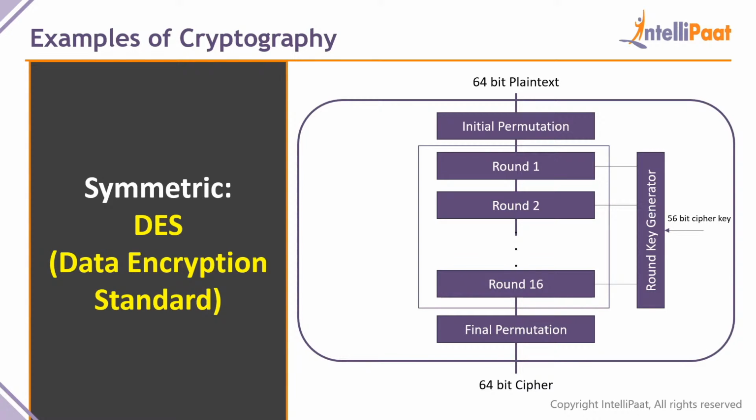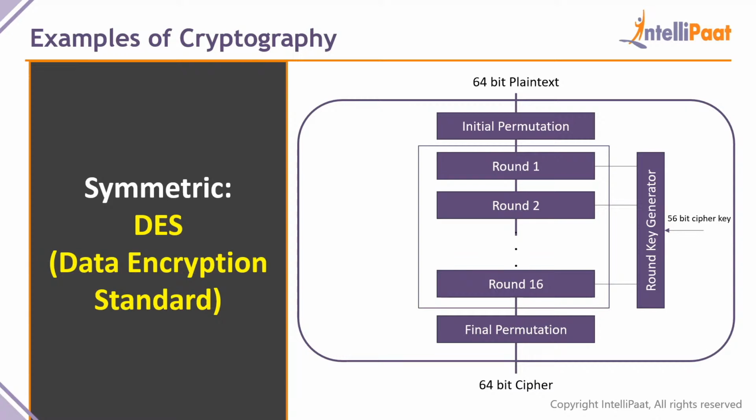This key is provided by the round key generator, where you actually give a 56-bit cipher key to that round key generator, and based on that 56-bit cipher key, it generates keys for every round, right? So round one gets a key, and based on that key, ciphering happens based on the Feistel cipher technique. In round two, the same thing happens after the data is transferred from round one to round two, and so on and so forth.